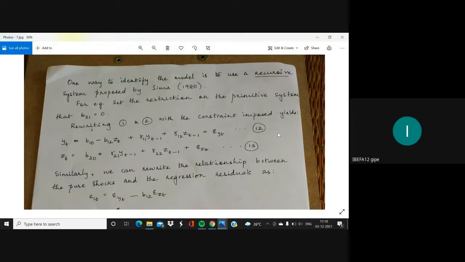Now, can anyone tell me, if you're interpreting these two equations, how will you interpret them now? Anyone?